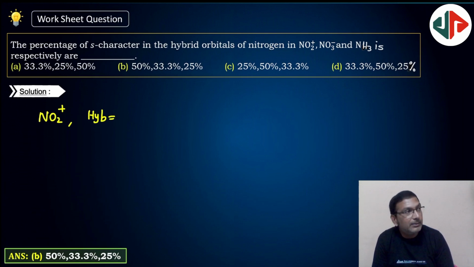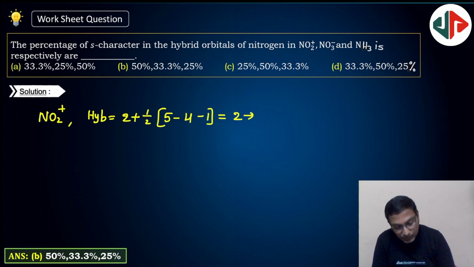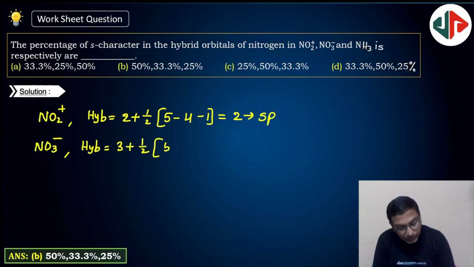Hybridization is equal to number of surrounding atoms 2 plus half into group number of central atom 5, minus valency with respect to oxygens double the number 4, plus 1 means here minus 1. That is equal to 2. 2 means sp. NO3-: hybridization equal to surrounding atoms 3 plus half into group number minus valency with respect to oxygens double the number 6, plus 1. That is 3. 3 means sp2.